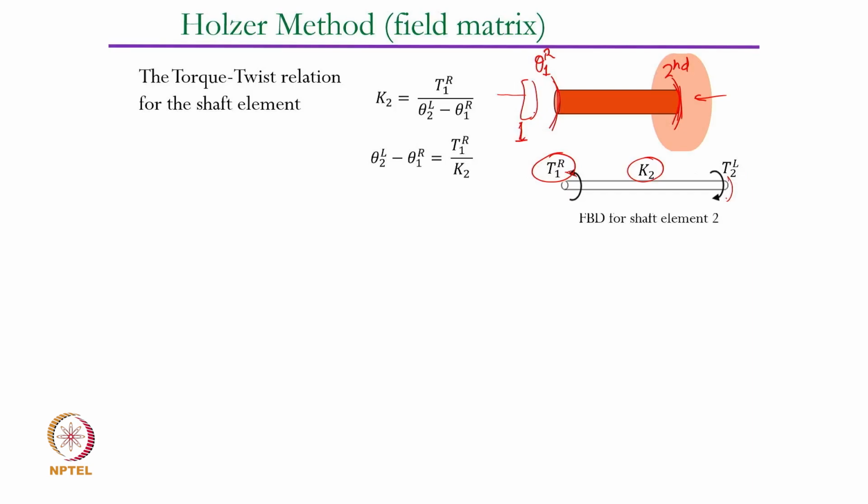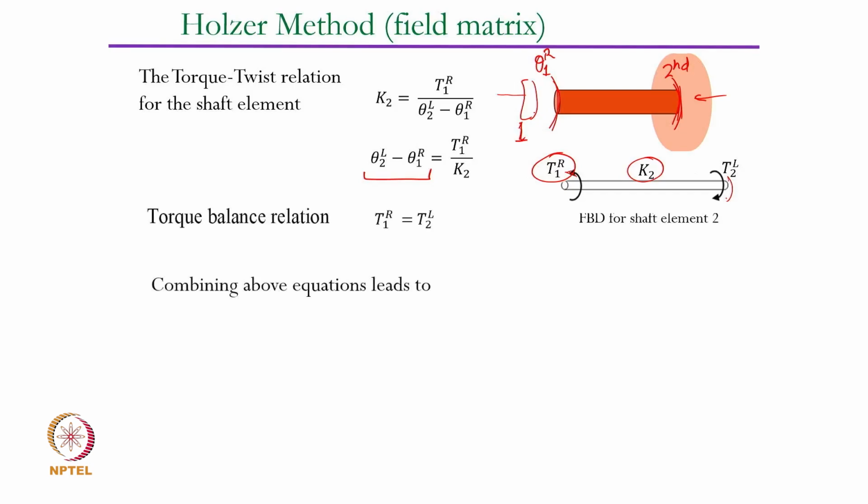It's the two torques on the same shaft which is applied, so the two should balance each other out. So T1R will be equal to T2L, and then divided by K2 will give you the net twist in the shaft across the two ends of the shaft. So theta 2 and theta R are related through this expression.